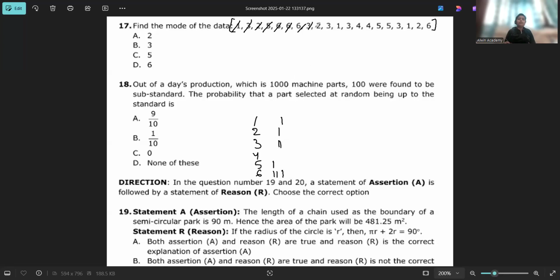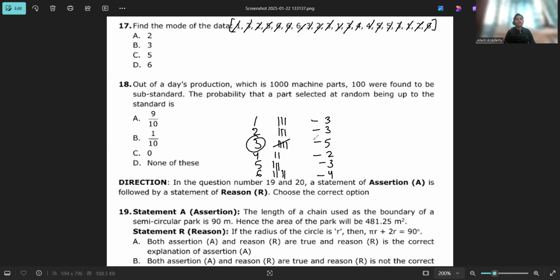So if I now write the frequencies here, this is 3, this is 3, this is 5, this is 2, this is 3, this is 4.